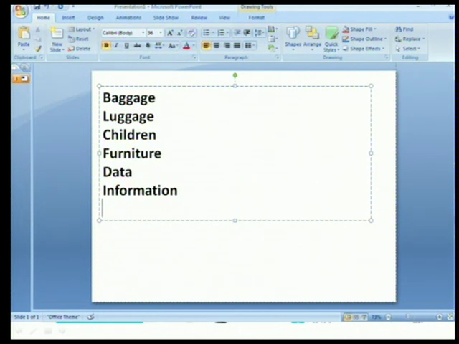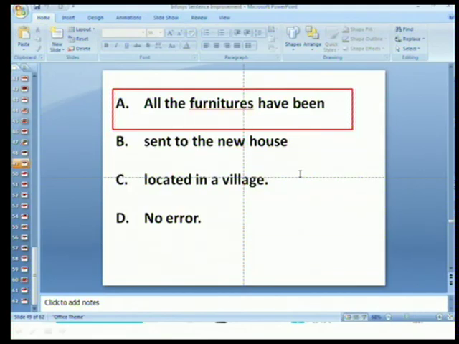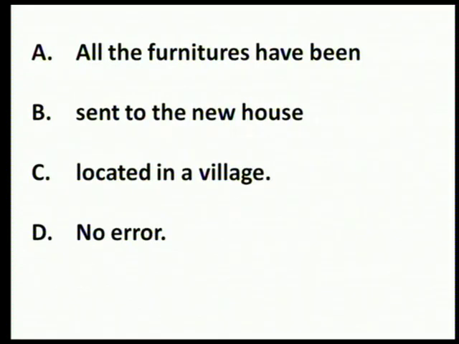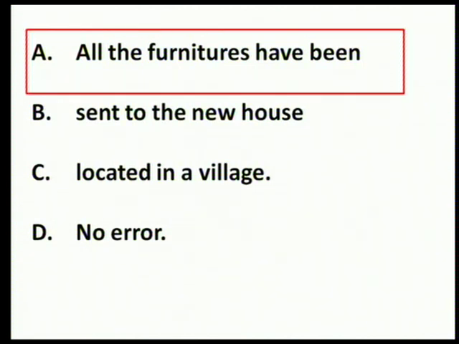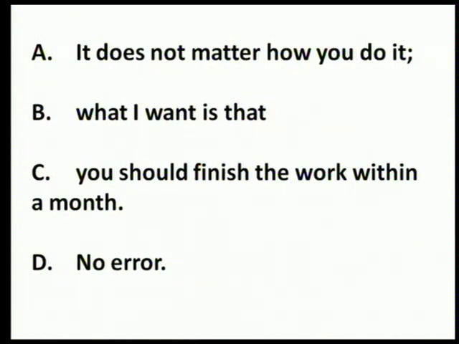So you don't have to add an s in the end. Even a word like garbage. Okay, we don't say please send me the datas. We don't say please move the furnitures. We don't say please teach the children's, because these are plural form itself, so you don't have to add an s. Hence, A, all the furnitures have been, is the sentence stem where there is a mistake because it should be furniture.